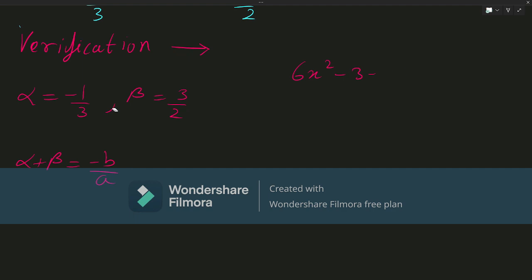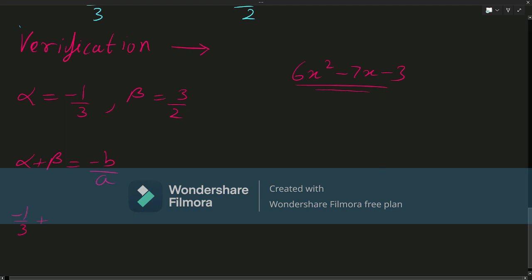I have written the order wrong again, so this is the correct order. Now we can implement the values. So alpha is minus 1 upon 3 plus beta is 3 upon 2 equal to minus b, minus b is minus of minus 7, so 7 upon a is 6.